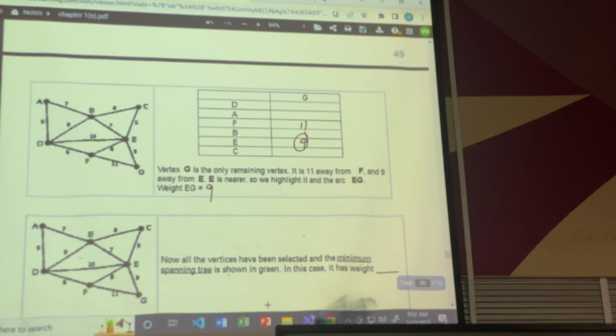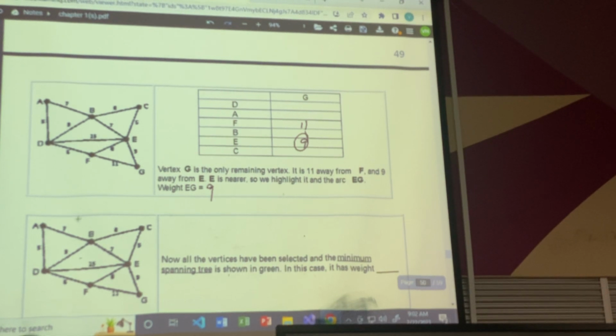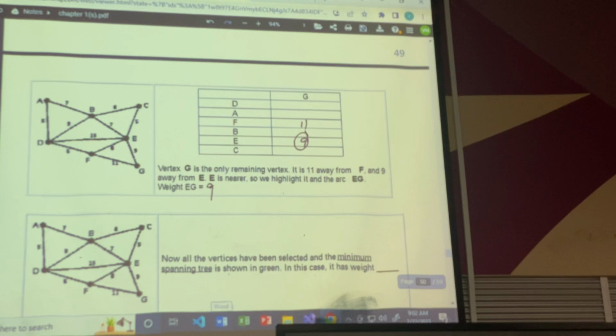So you can see which vertices were chosen just now. Then you just put them in the graph as the spanning tree. So you just draw the vertices that you chose just now as your minimum spanning tree. So actually here we have colors. So what did we choose just now?